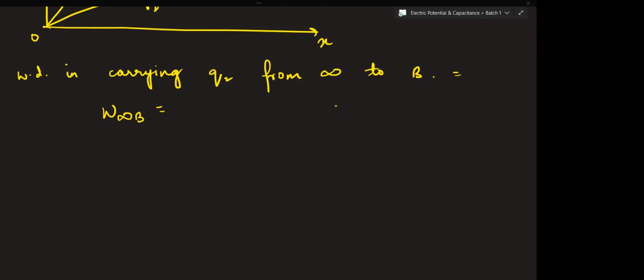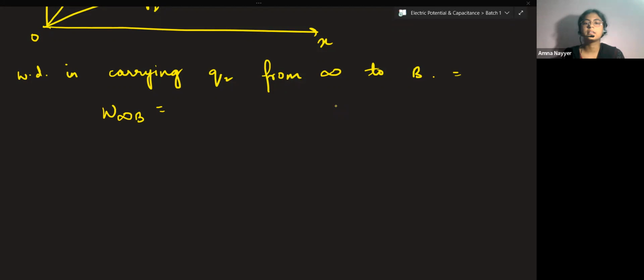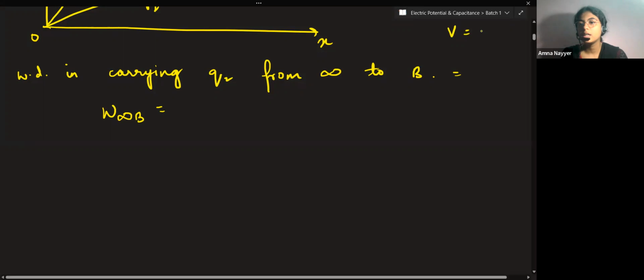VA equals W infinity A by Q. Correct. Work done for a unit positive test charge is only potential, no? We had seen not only the formula, even the definition of potential was work done for a unit positive test charge. That was only the definition of potential.